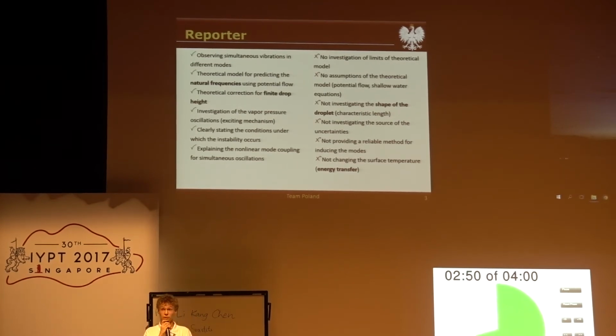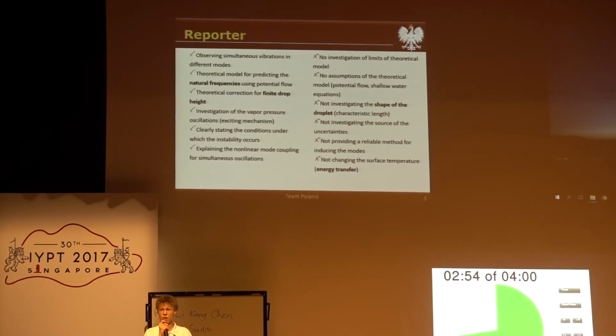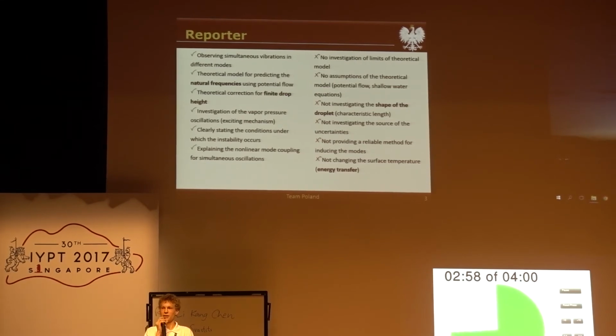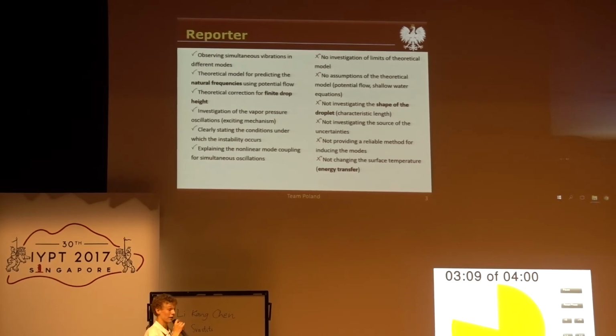Secondly, in this theoretical model, as I heard during the presentation, it was assumed that we have a cylindrical drop, and I believe that the drop could also be spherical, and the flow inside the drop will be completely different, which happens when the radius is smaller than the capillary length.